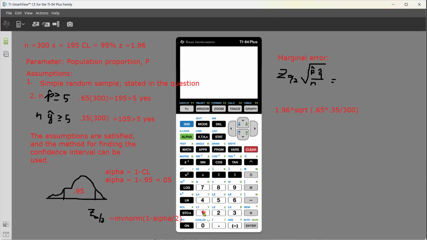This is 1.96 times the square root, second square root. P hat is 0.65 times 0.35 divided by 300.